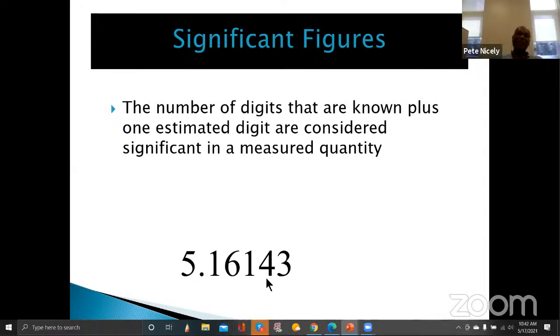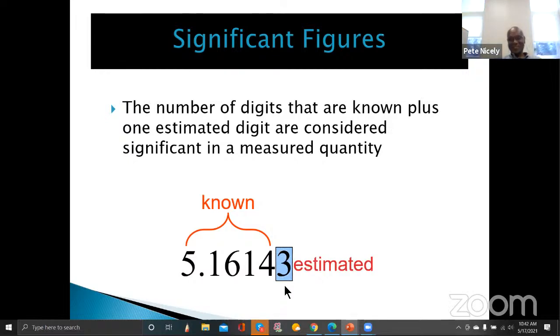So let's say you're given this number which represents a measured value. The first 5 digits are known, and the 6th digit would be an estimated digit. That's basically how we determine the number of significant figures in a measured value.